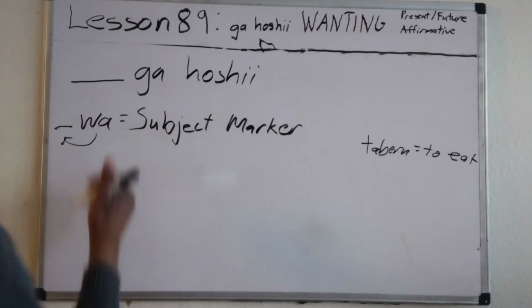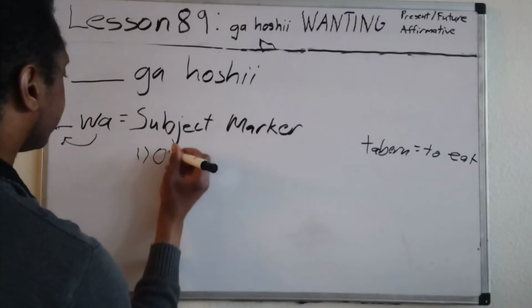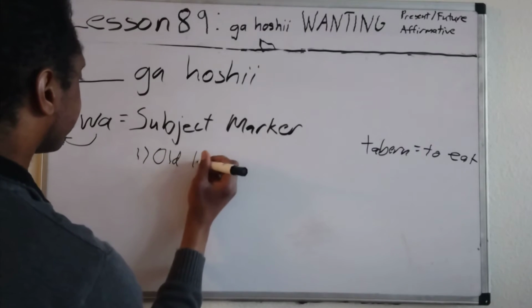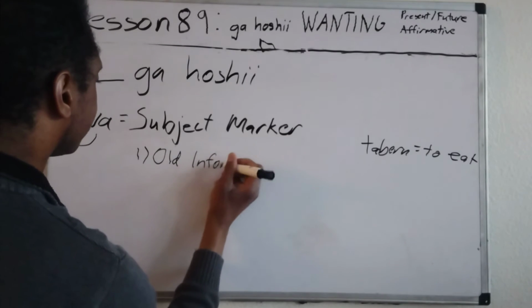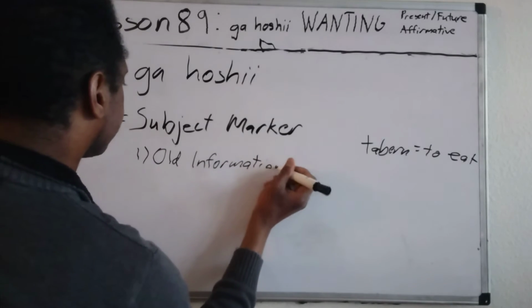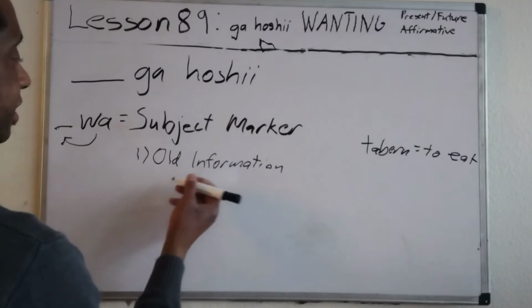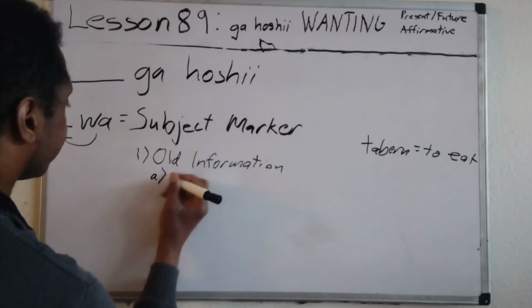So how do you use wa? You use wa for old information. So that's pretty simple, right? It's old information. It's something previously discussed.